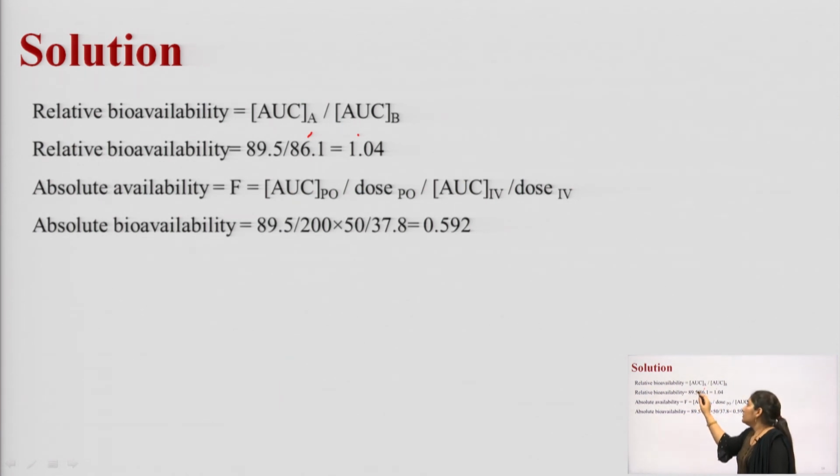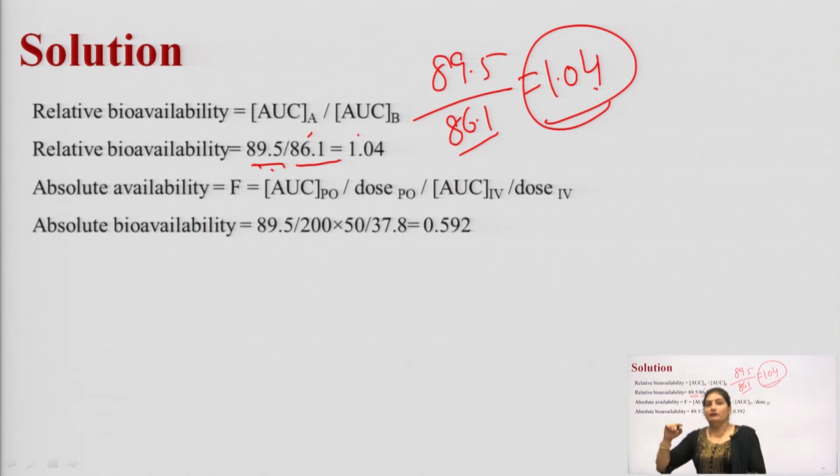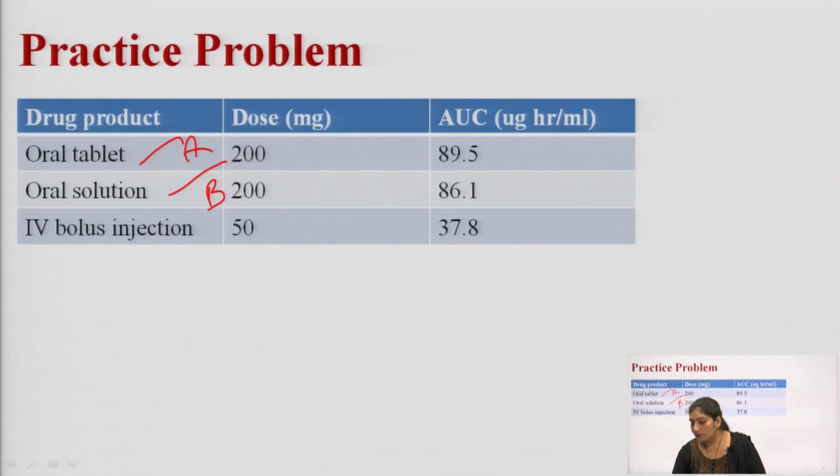The value of area under curve of A formulation is 89.5 and for B is 86.1. So, after dividing 89.5 by 86.1, we will get the value of 1.04, and this is the value of relative bioavailability of the dosage form.